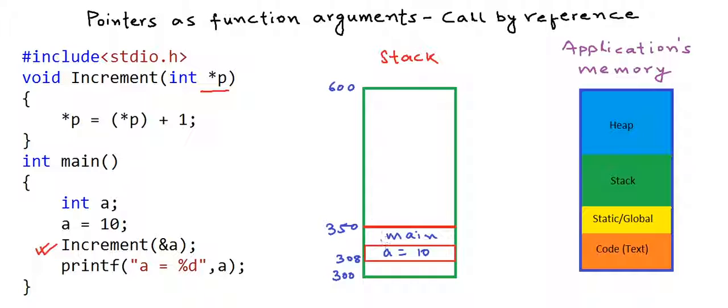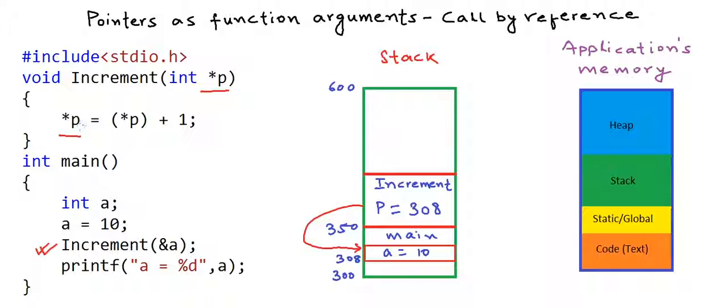Now when the main method calls increment, a local variable corresponding to the parameter P is created, and this is a pointer to integer, and the value that gets copied or stored in this particular variable would be 308, the address of A. So P is pointing to A. Now in this statement here, when we say asterisk P, we dereference this address.